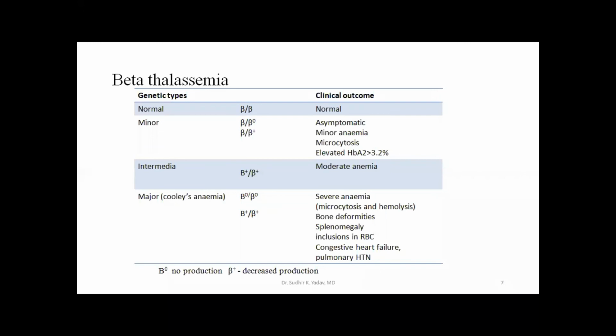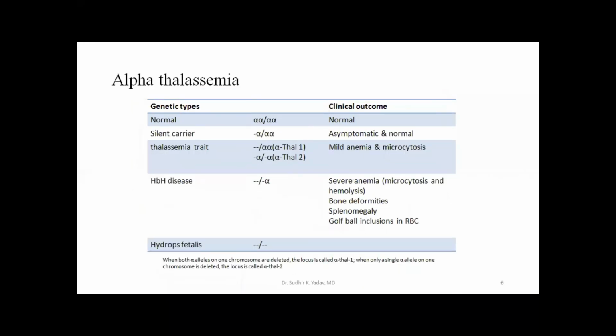And there are bone deformities due to bone marrow expansion, splenomegaly, and inclusions inside the RBCs and precursor cells. If there is severe anemia, the patient may present with congestive heart failure and pulmonary hypertension. So major beta thalassemia and alpha thalassemia HbH disease usually have more or less the same presentation.